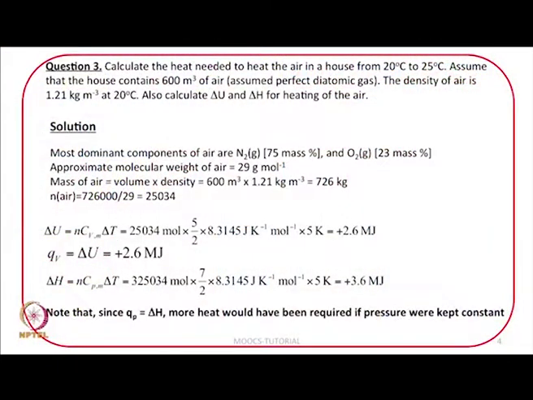Suppose if the pressure were kept constant; in the house we discussed that the volume is held constant. So, we need to calculate QV. If pressure were held constant, you see how much amount of heat would have been required. You would have required more heat, 3.6 megajoule.